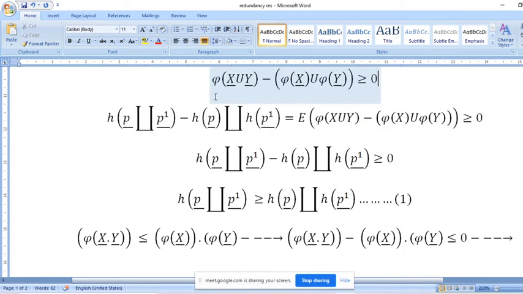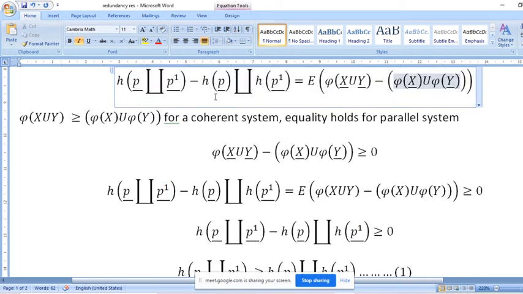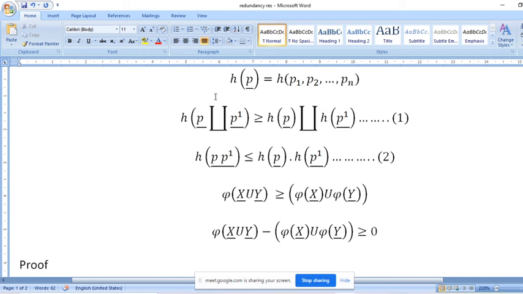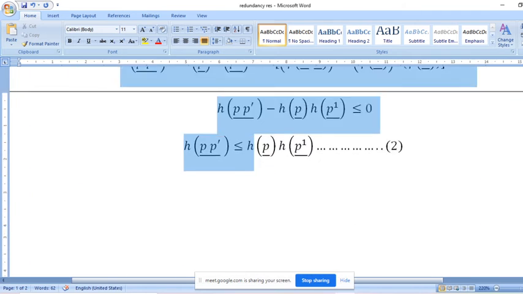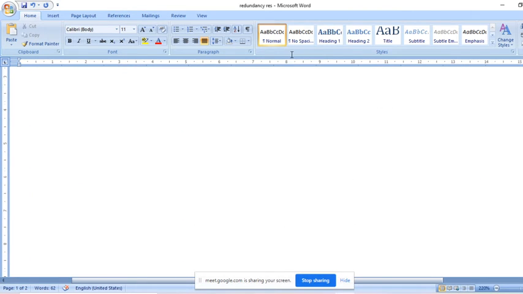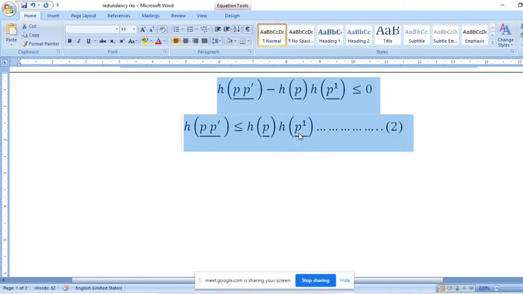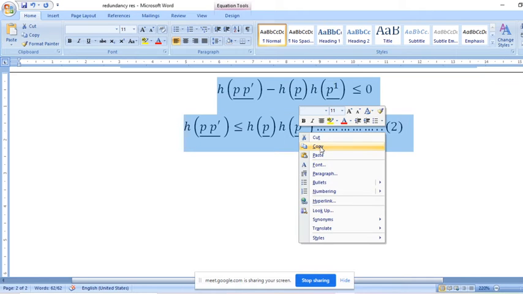Now we consider the case for a parallel system and for a series system. So we will continue like this.